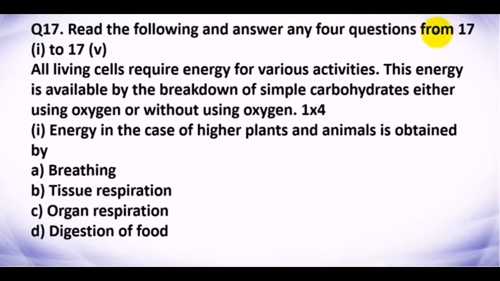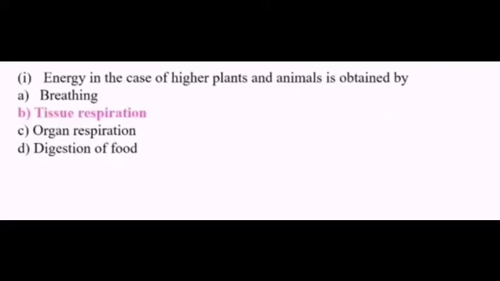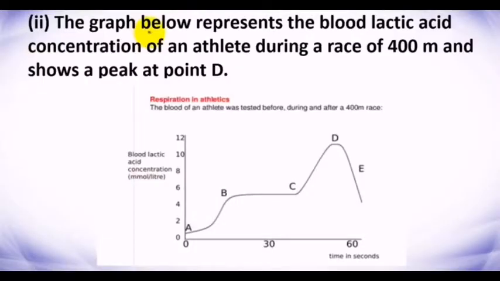So energy is not obtained. But in tissue respiration, the tissues consist of cells and inside the cells only cellular respiration takes place and food gets oxidized. Then only energy is released. So the correct answer here is tissue respiration, option B.